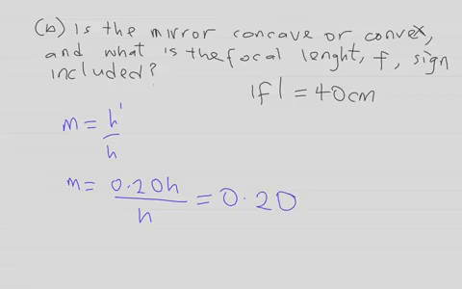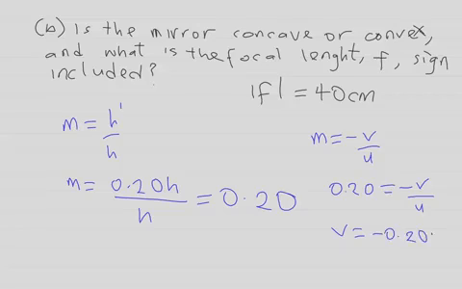So if magnification is positive, we also know that n is equal to minus v over u. So that means 0.20 is equal to minus v over u. That means v is equal to minus 0.20 u.